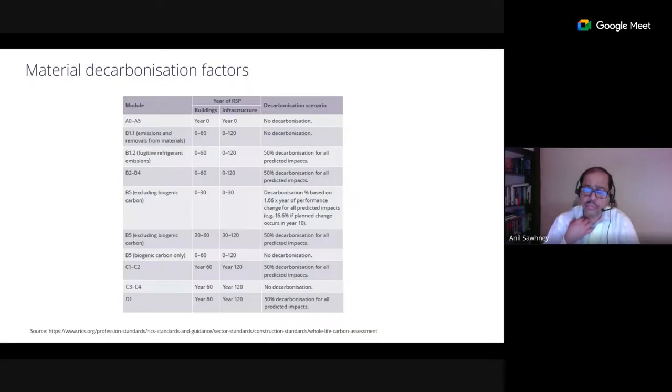For B1.2, you assume 50% decarbonization for all predicted impacts. So similarly, you can use this table, but this is generally applicable to the UK, both for building projects and for infrastructure projects, showing how material decarbonization would work.